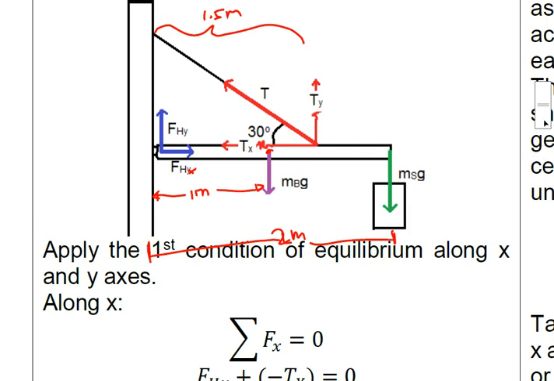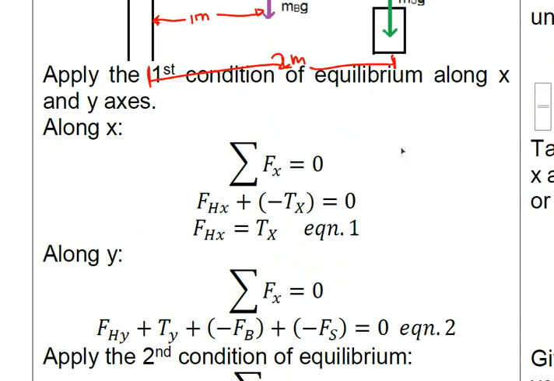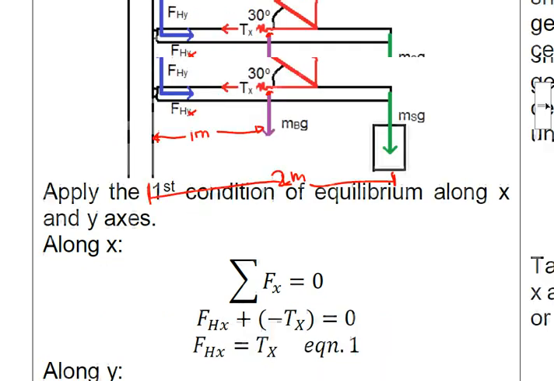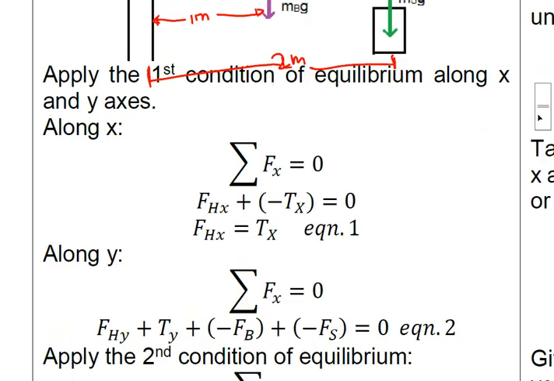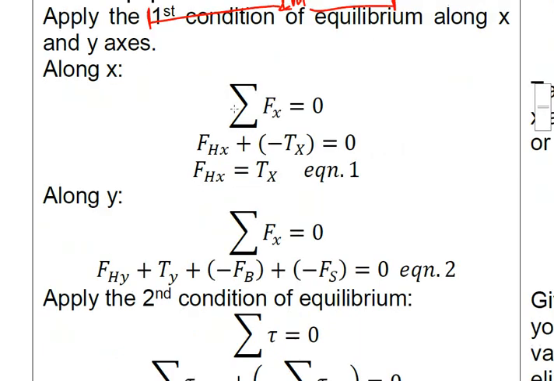So for the summation of forces along x, FHx is going in the positive direction, while the Tx is going in the negative direction. This equation is noted as equation 1. Then along y, sorry, this should have been y.